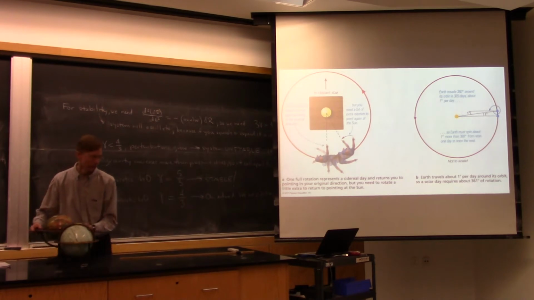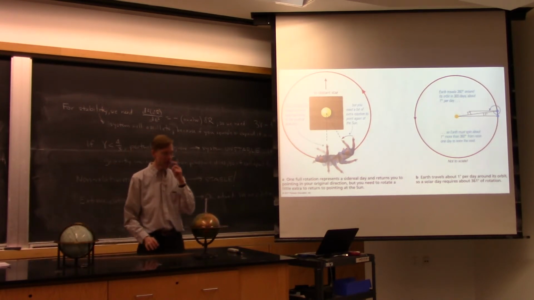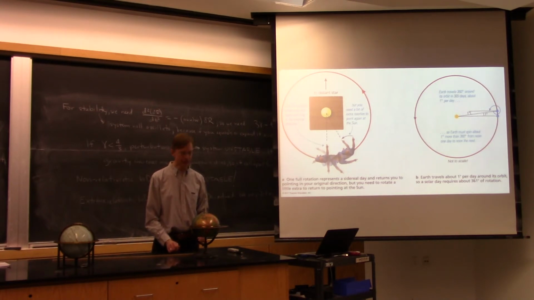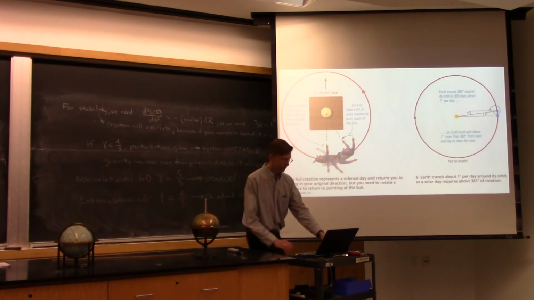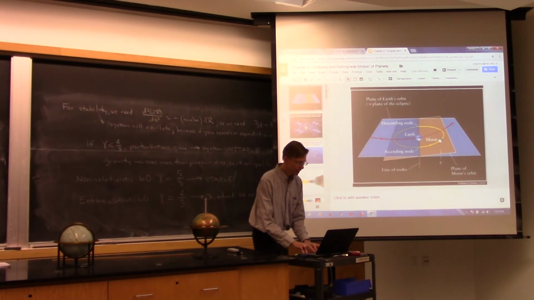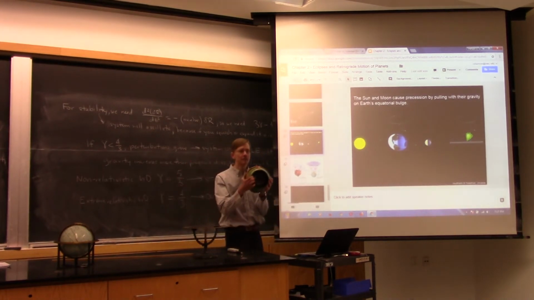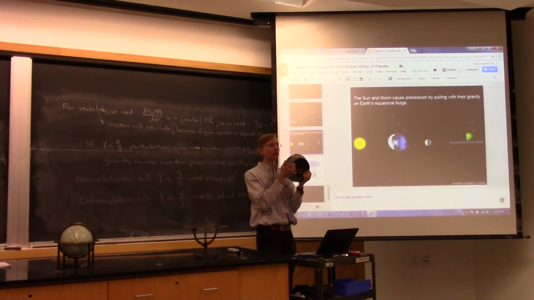So here is a globe that can be used to illustrate the idea of precession of the equinoxes. This globe, even though it's not obvious to casual inspection, is a special globe because the bottom's been cut out of it, and there's a big iron yoke in here.